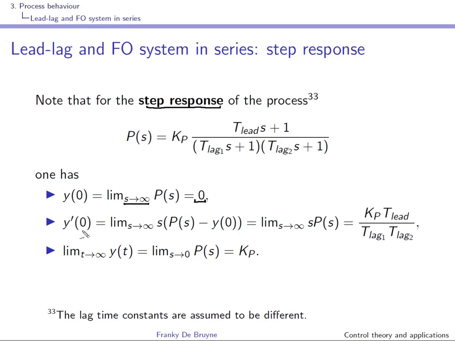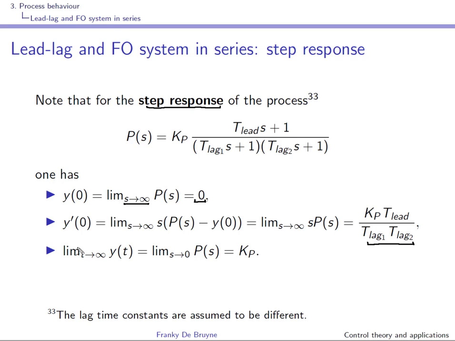You can also compute the slope of the step response at the origin, and this is what you will obtain. Notice that if t lead is equal to t lag 2, this system is then a first order system, and you can see that you obtain kp over t lag 1, which is consistent with previous results.